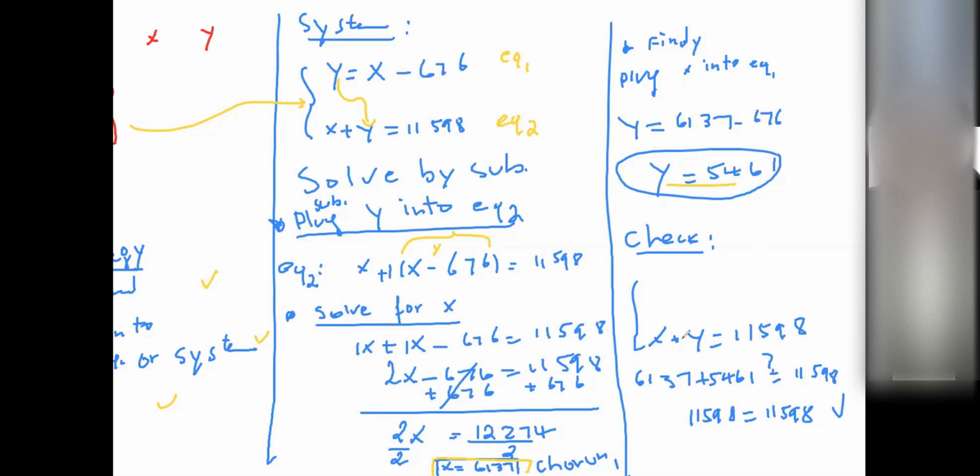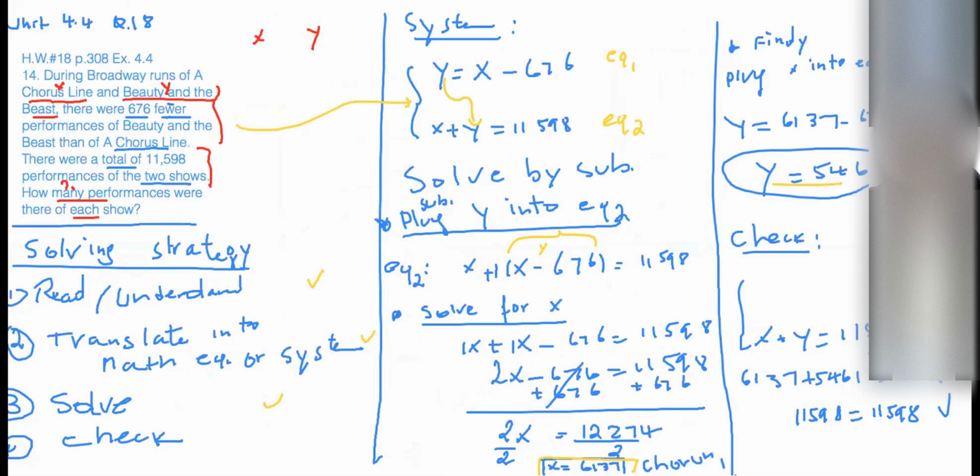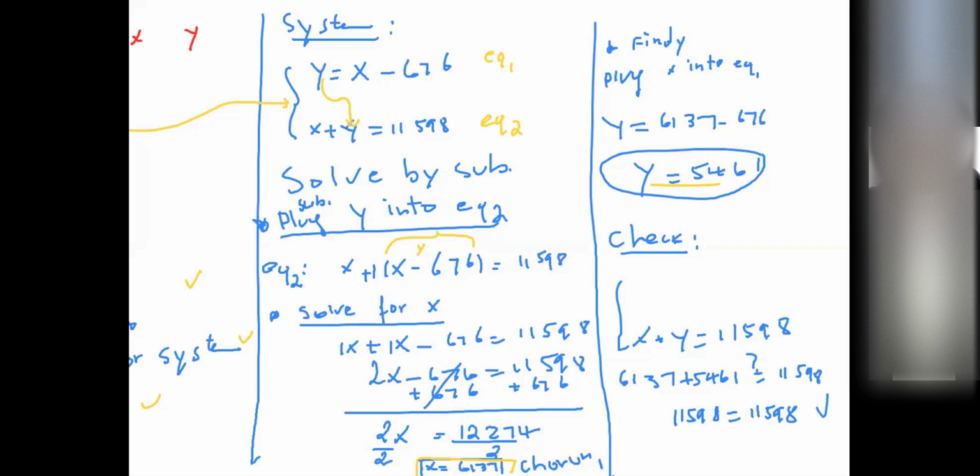All right, so we have x plus y, but we have to check the other equation as well. The other equation is a little more complex than the first one. What is it? It's kind of similar. So this time we're going to plug the x in, minus 676. Let's check that on the side.